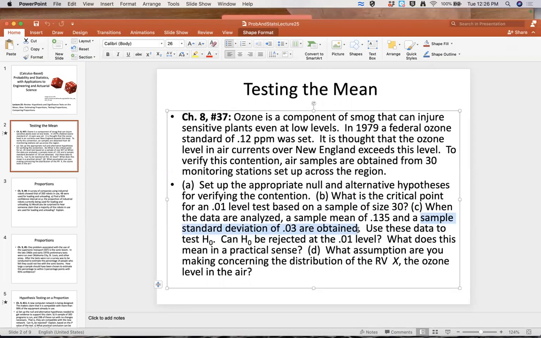So technically speaking, what this ends up meaning is I need to use a T distribution with a certain number of degrees of freedom. And the degrees of freedom is the sample size minus 1 in this context. The degrees of freedom will not always be the sample size minus 1.